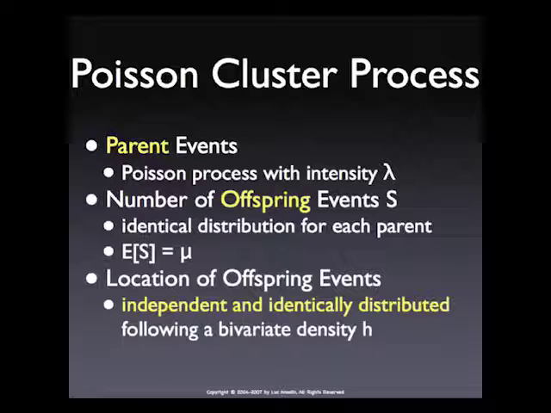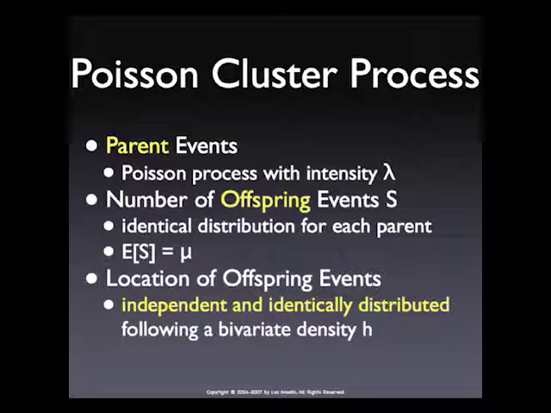It can be that some parents have more children than others, but it's all part of the same distribution. So you don't have one distribution with small families and then another distribution with large families. They're all from the same distribution. They all have the same mean. What distribution this is, is something you can manipulate.